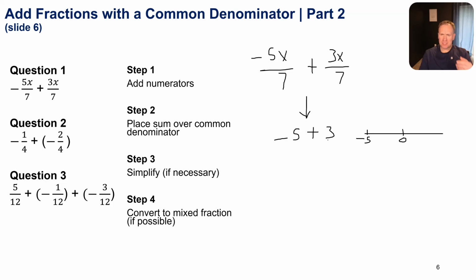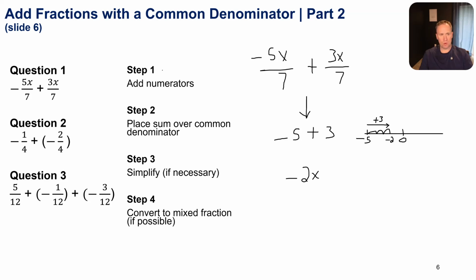So if I think about this like money, if I have -$5 in my bank account, and then I add $3 to this, I'm going to the right 3 particular units. I'm increasing by 3. Now, 3 is not enough to get to 0, and it's not enough to go into the positives, right? So I'm really going back 3 units, which is -4, -3, and -2. So my answer in this case is -2. So -5x plus 3x, we can rewrite as -2x.